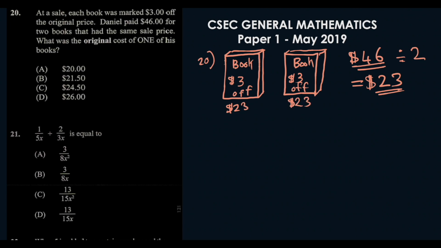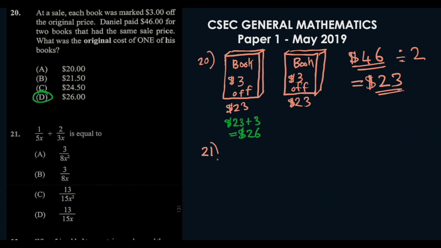However, we have $3 off. So therefore, the original price would have been 23 plus the $3 that he got off. So therefore, our original price would have been $26.